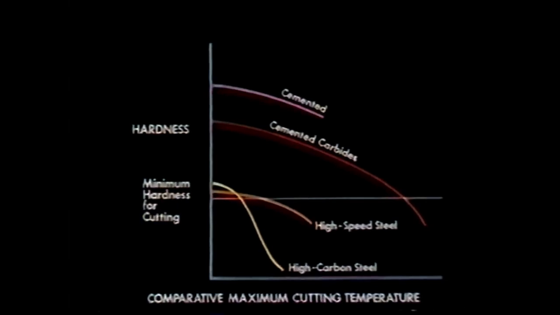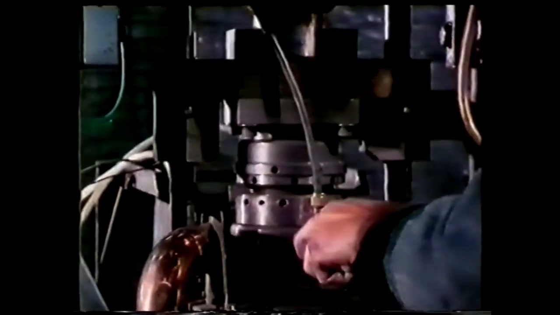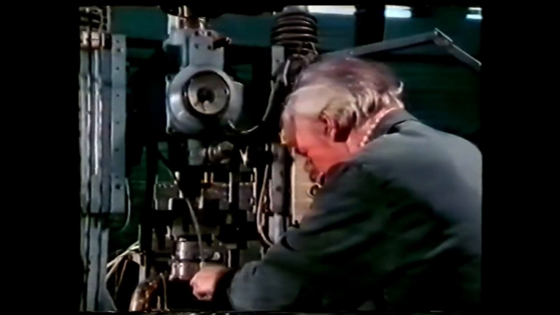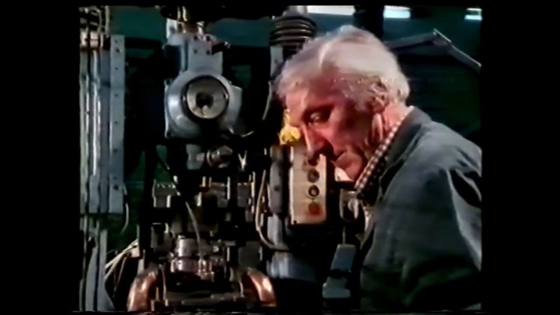Ceramic tips are even harder than those made from metallic carbides, but they're also more brittle. Once again, powder metallurgy is used to produce the tips. They're pressed in a mold which is oversized to allow for the shrinkage which takes place during sintering.